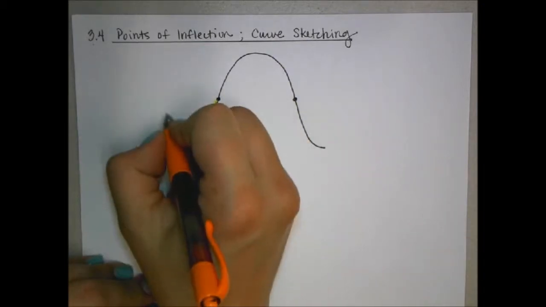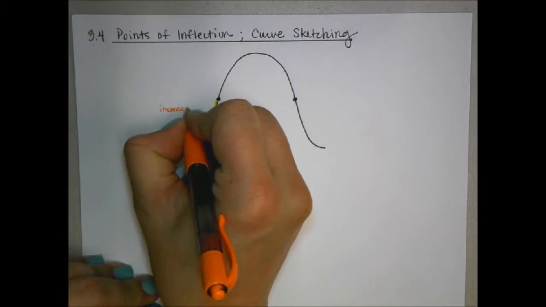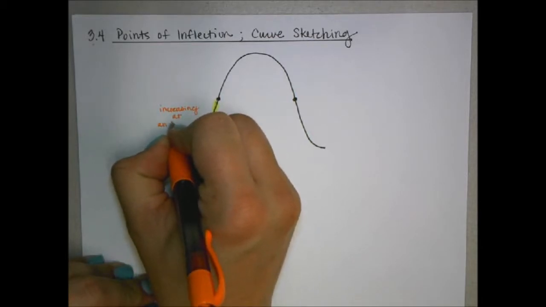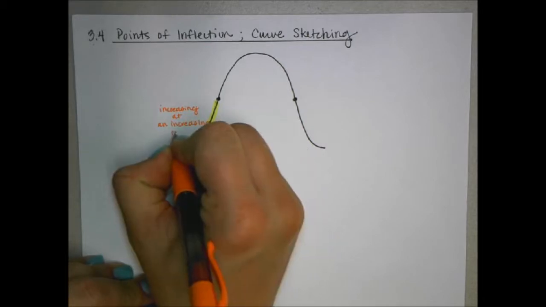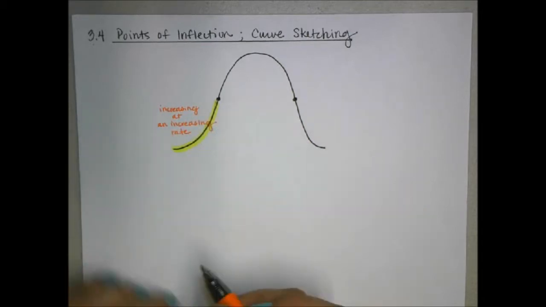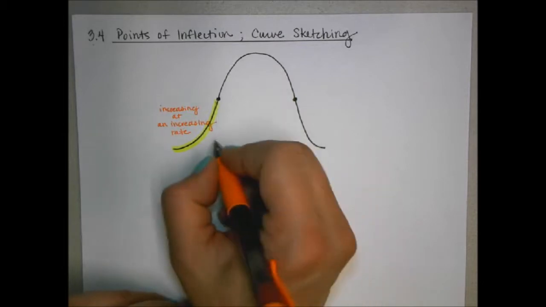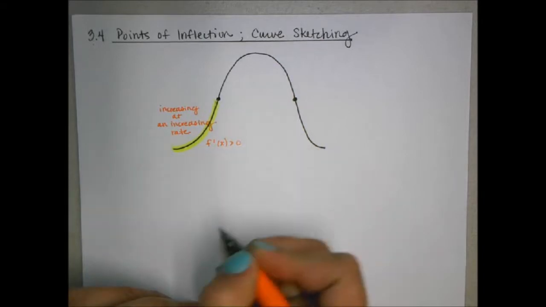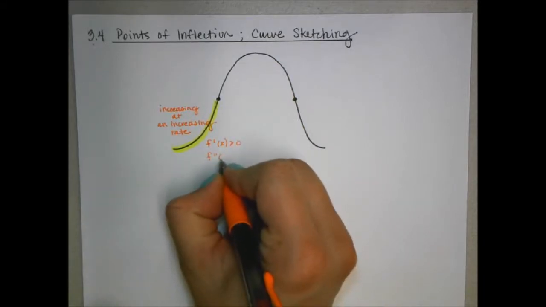So we say increasing at an increasing rate. Okay, since the curve is increasing, our first derivative would be positive. And since those slopes become more positive, our second derivative is also positive.